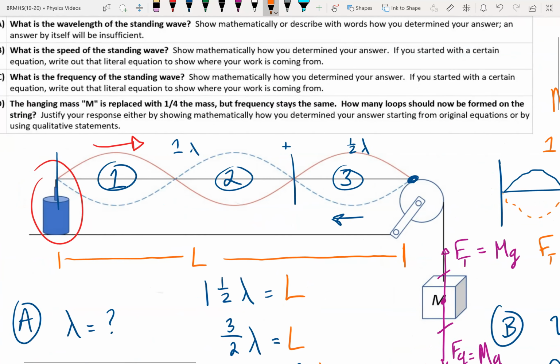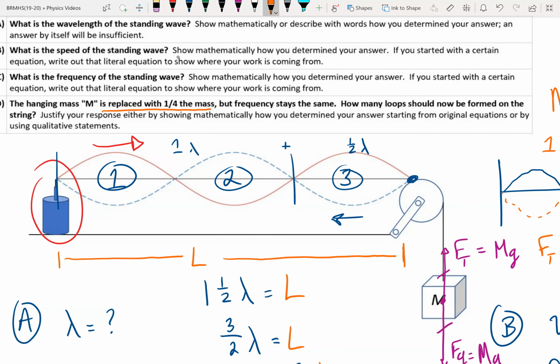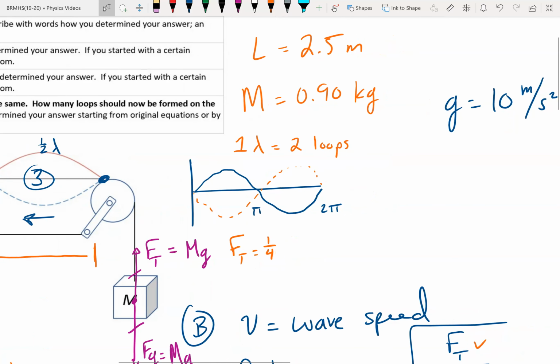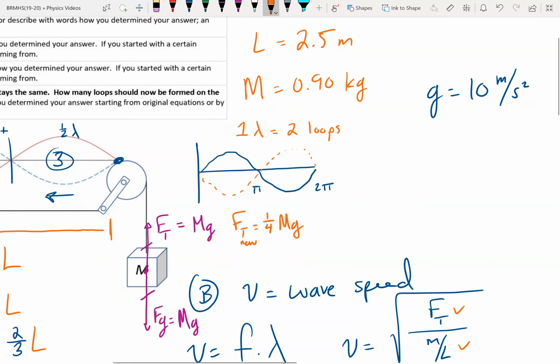Let's reread that part again. It's replaced with 1/4 the mass, so that means you have less mass. Be careful, it's just 1/4 of what capital M was before. So it's 0.9 kilograms divided by 4 is how much the mass is. So I'm going to have 1/4 the tension force. This is the new tension force.